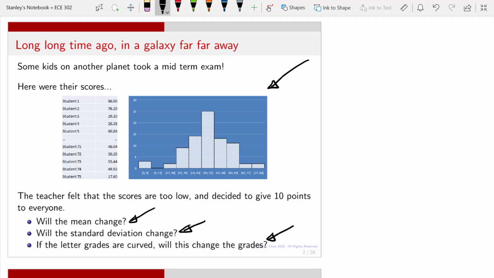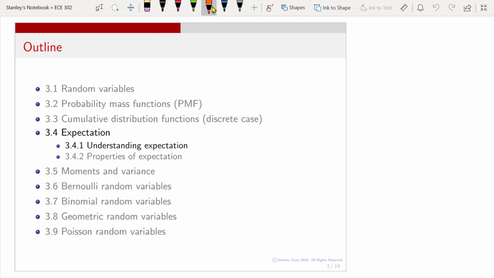We want to understand how we calculate mean and standard deviation from not just a histogram, but from the probability mass function of a random variable. Furthermore, we want to understand these operations, adding points or multiplying the scores by a certain number, and what they will change in our mean. So this goes to the outline of today's lecture.